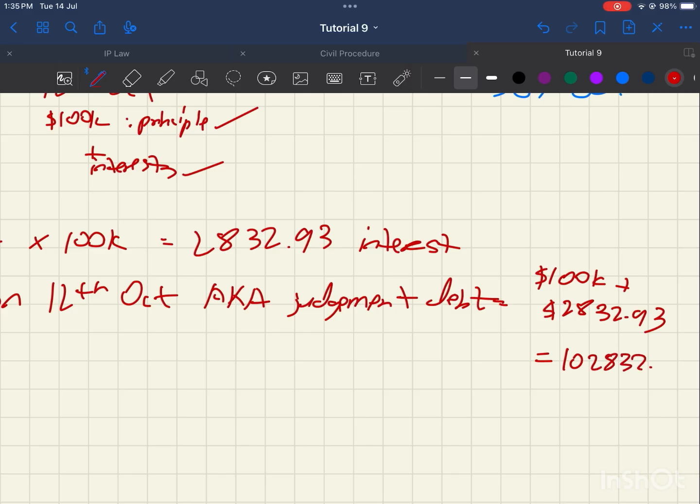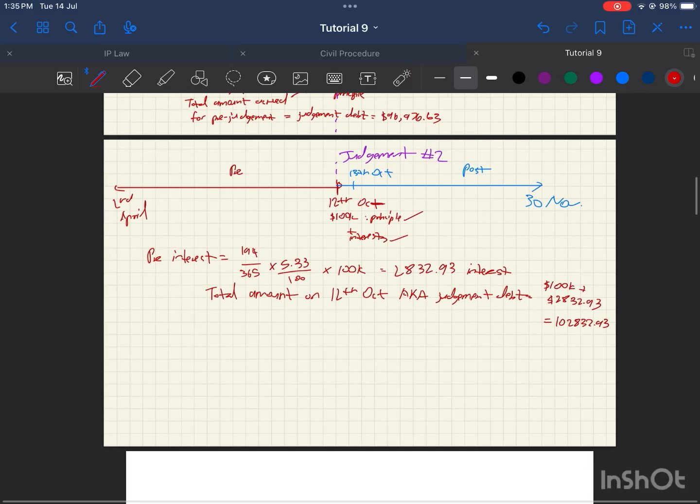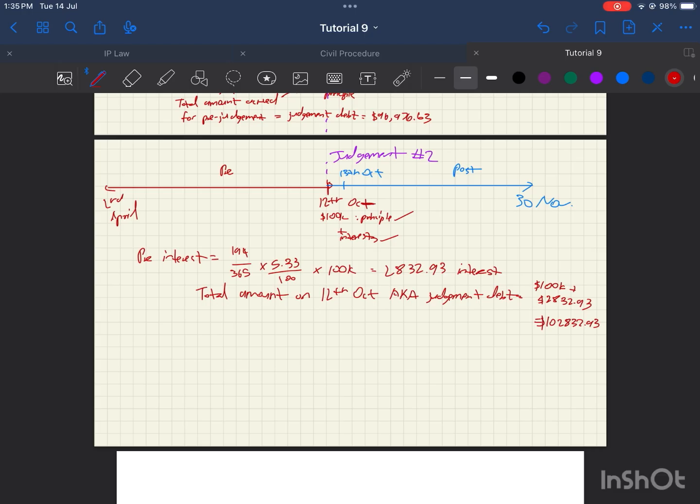Right. So this is for this timeline. And now you gotta calculate post-judgment. You gotta put post equals to, right? We can just copy and paste this.